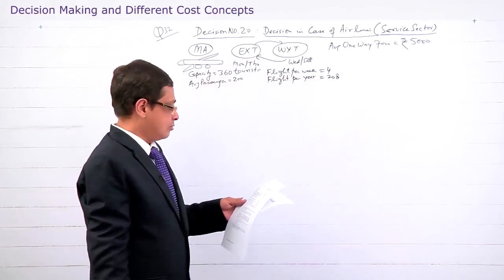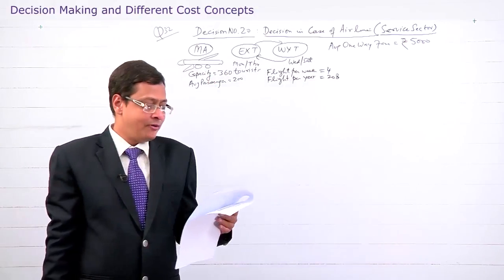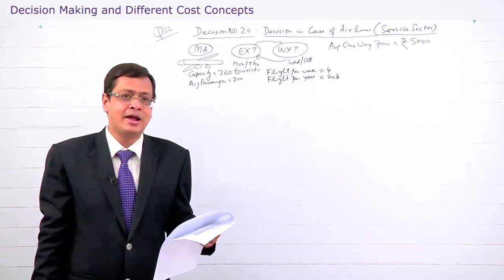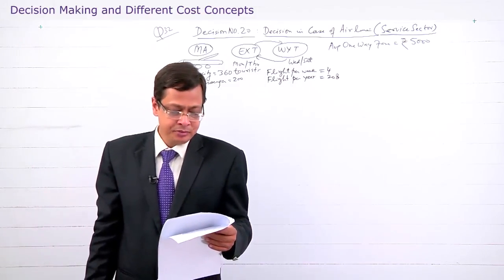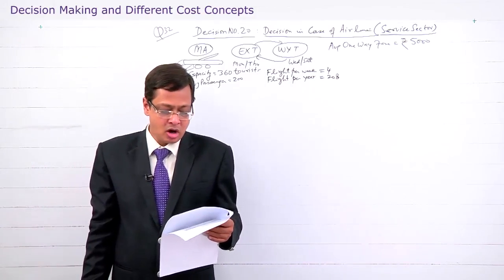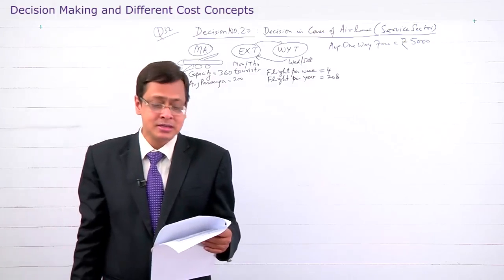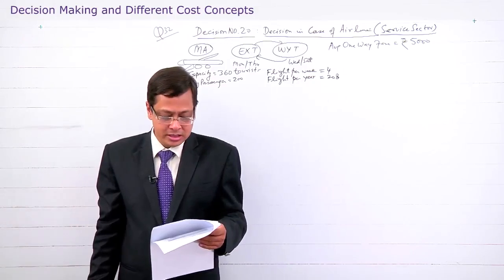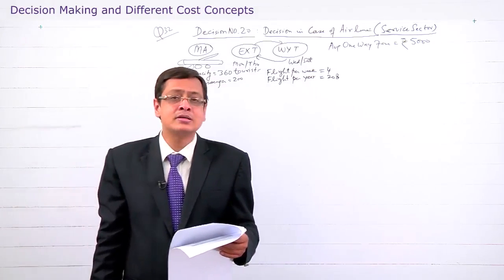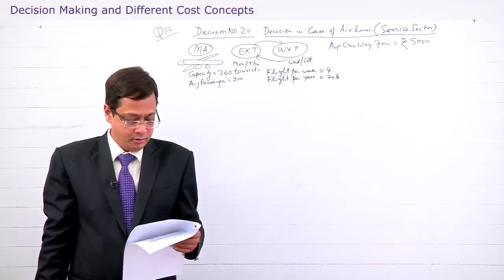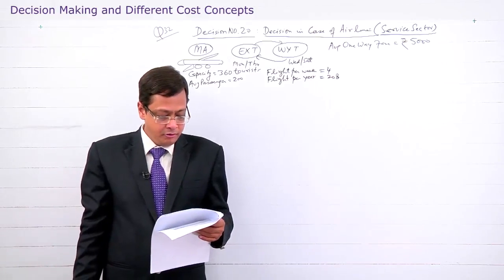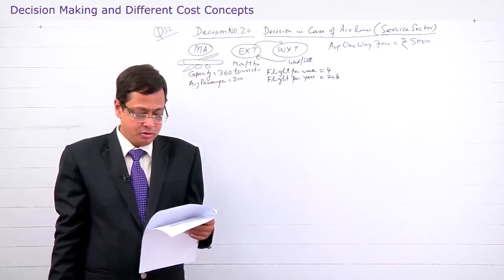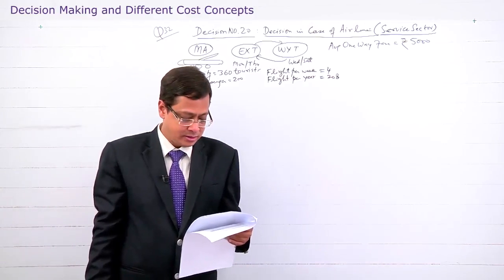The information further provided is variable fuel cost is rupees 1,40,000 per flight. Further, food services to passengers cost rupees 200 per passenger. Commission paid to travel agent on each ticket booked is 8% of fare. Further, fixed annual lease cost for each flight is rupees 5,30,000.